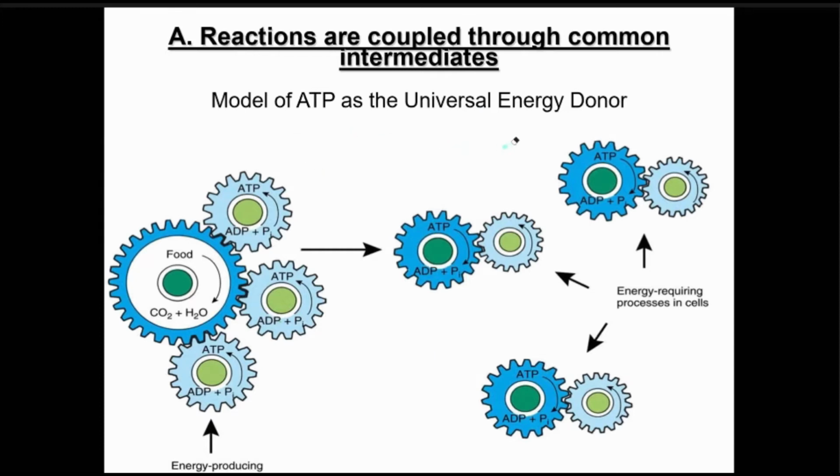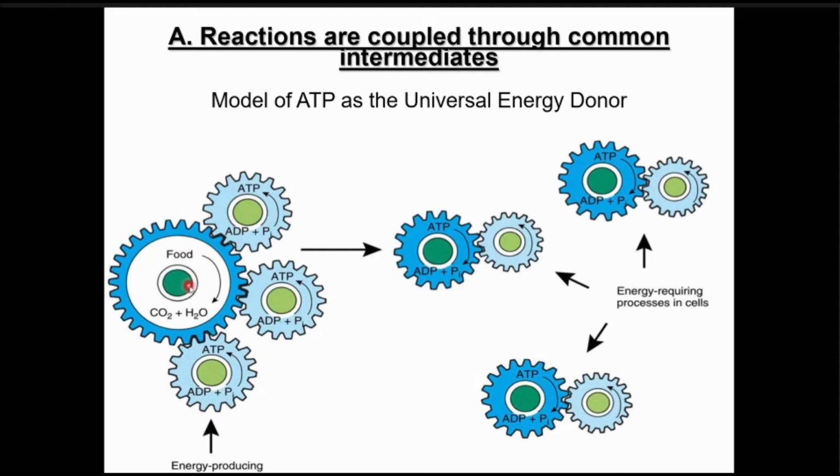Model of ATP as universal energy donor. So if you see here, this is for instance your glucose as an example before, but it can be lipids or anything.